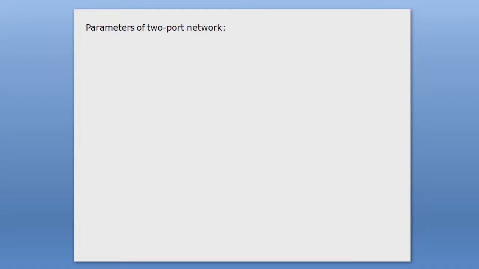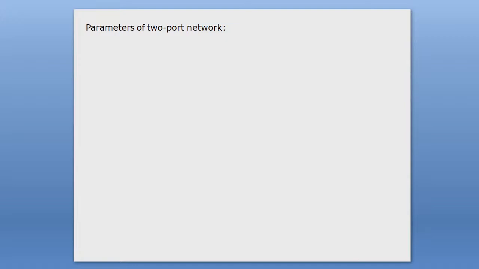Everyone has done this experiment, and at that time you heard these two terms: one is variable, another one is parameter.